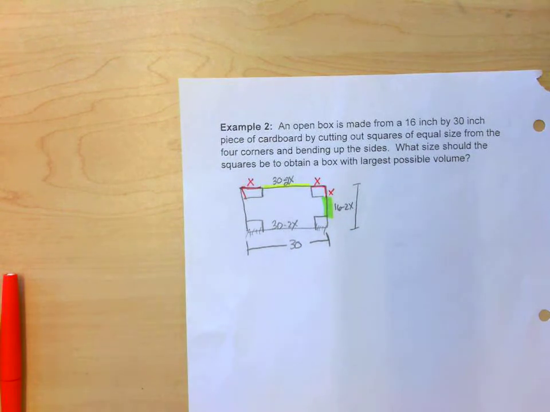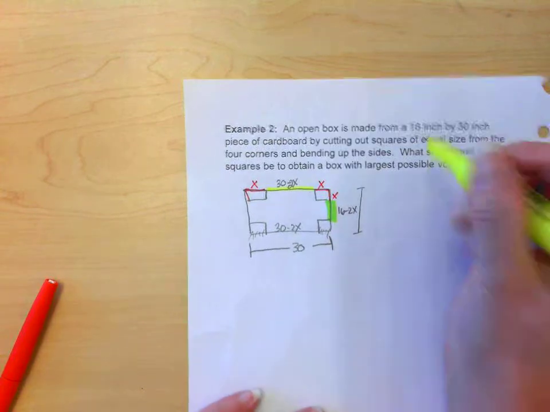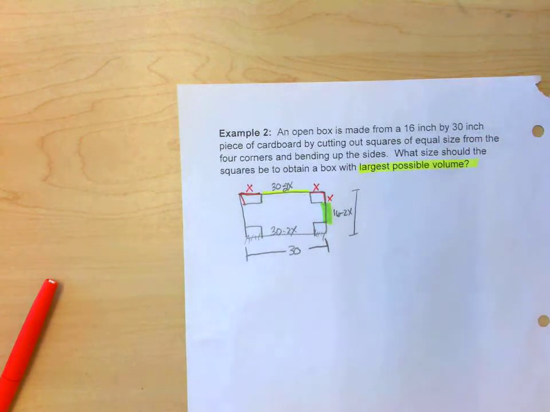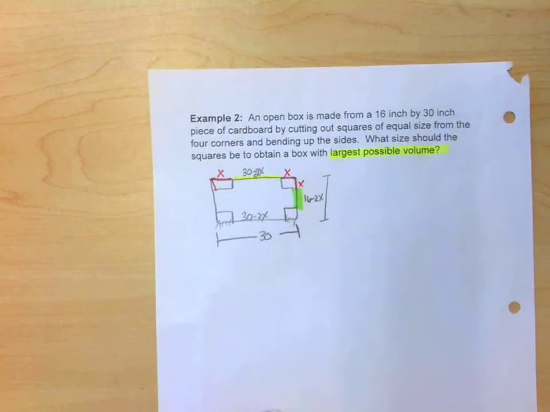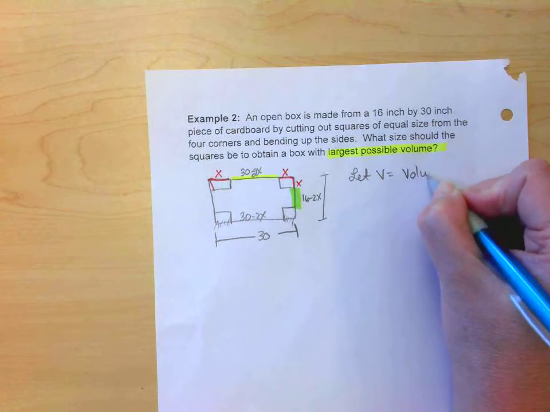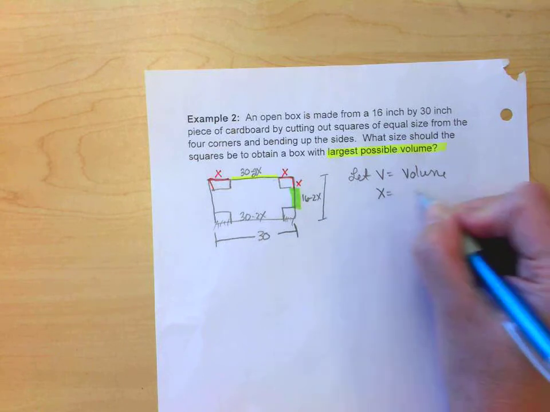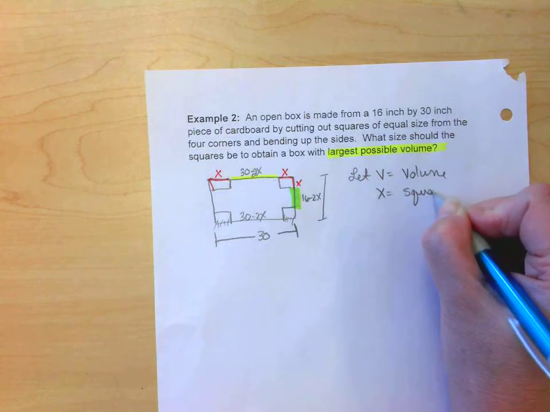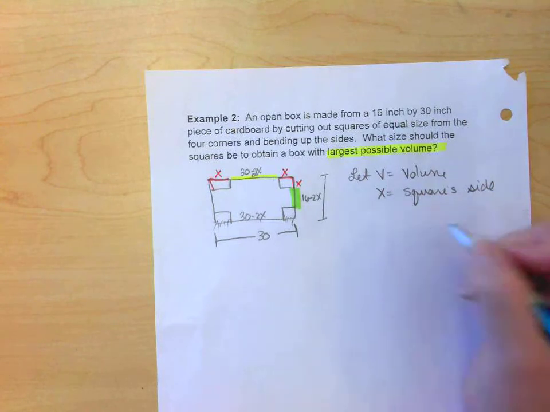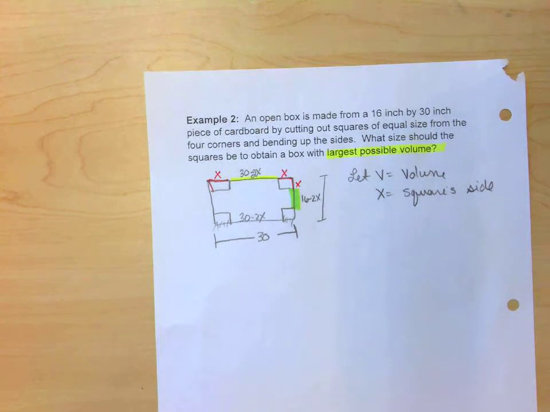And now, what is it that we're trying to maximize? We want to maximize the volume. So I'm going to need to write a function that defines the volume. So the variables we'll need to define: let V equal the volume, x is the square's side.